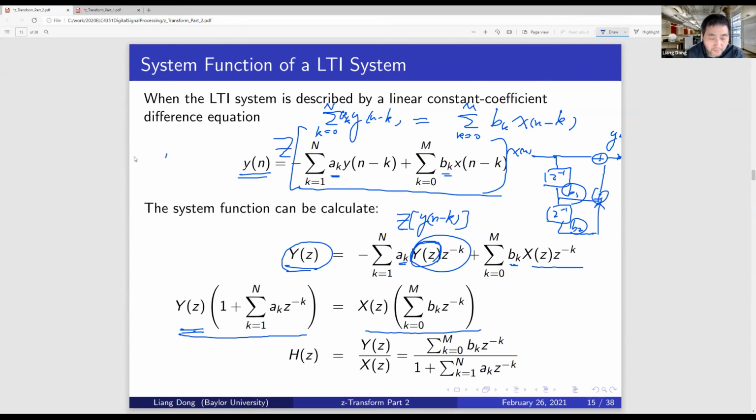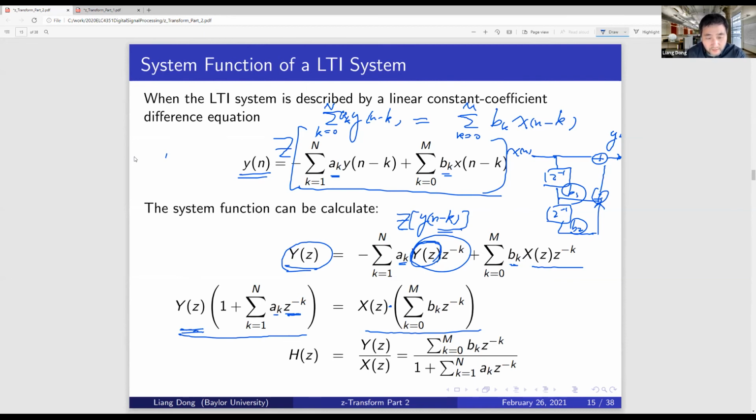So Y(z) times 1 plus the sum of all these parameters a_k times z to the power negative k, due to the delay here. Similarly, we got X(z) on the right side, X(z) times this combination, the sum of b_k times z to the power negative k.